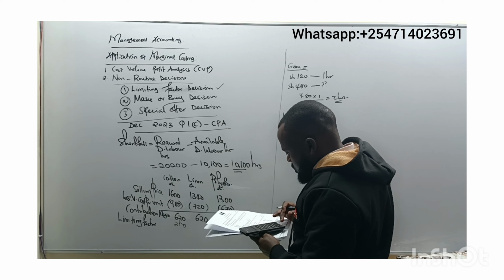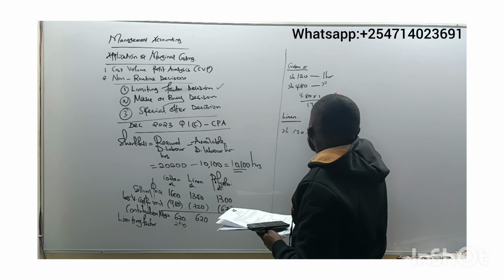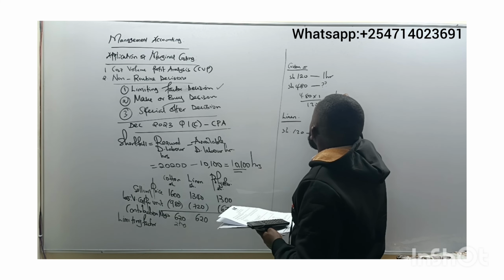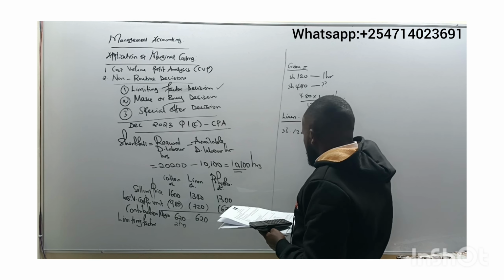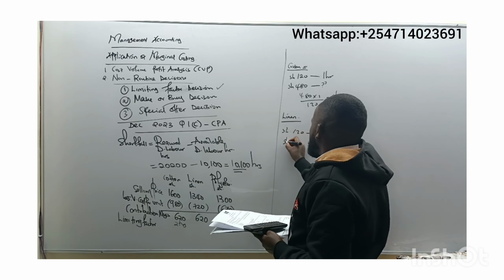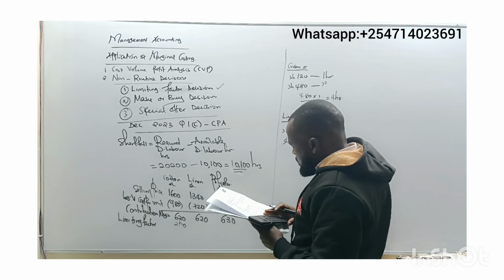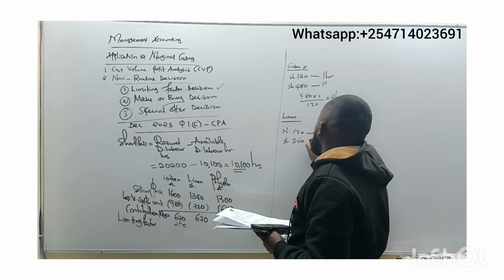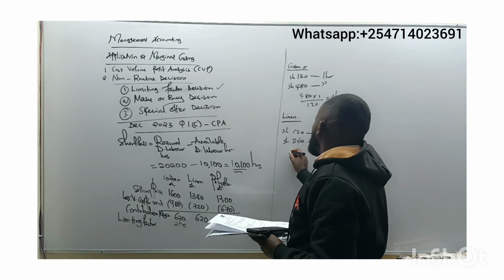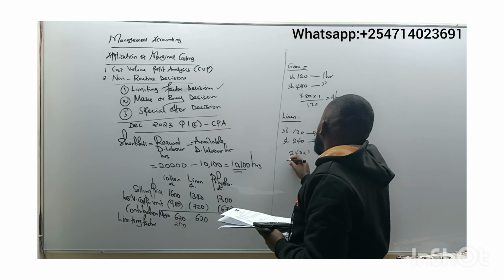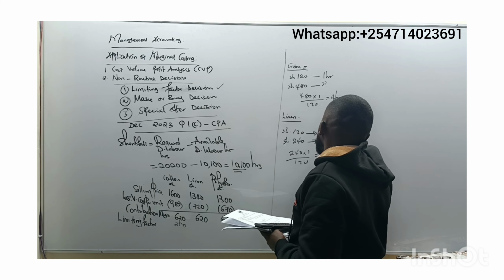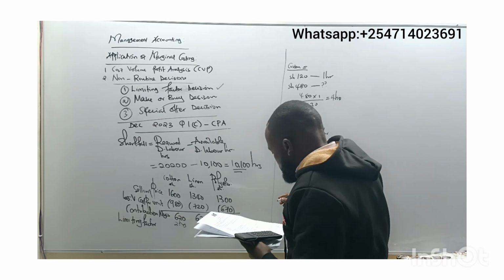So cotton takes 4 hours. For linen, the direct labor is 240, so 240 times 1 divided by 120. This is now 2 hours. The last product is polyester.